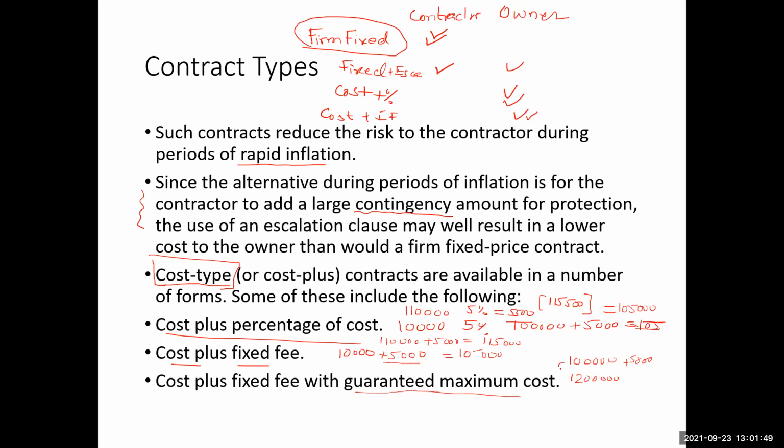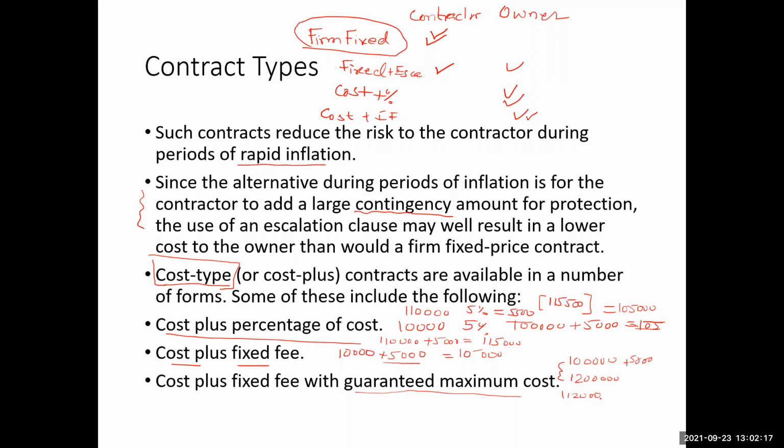So if the cost increases more than $120,000, the owner will only pay the maximum $120,000 plus the fixed fee. Suppose the cost in that situation is say $112,000.